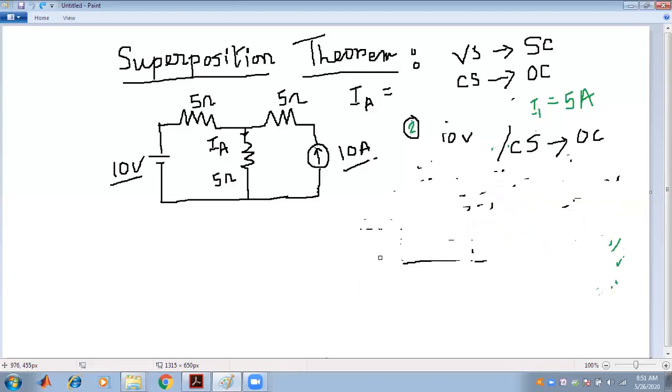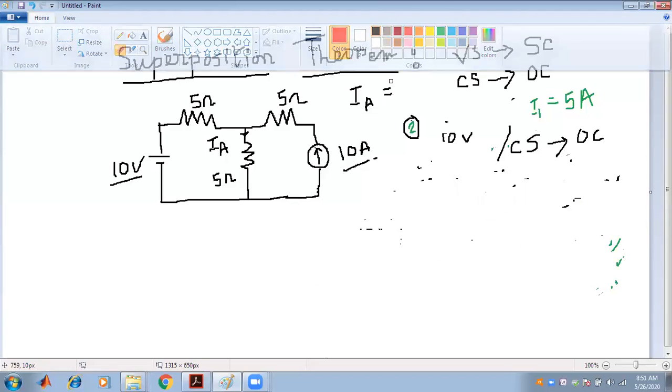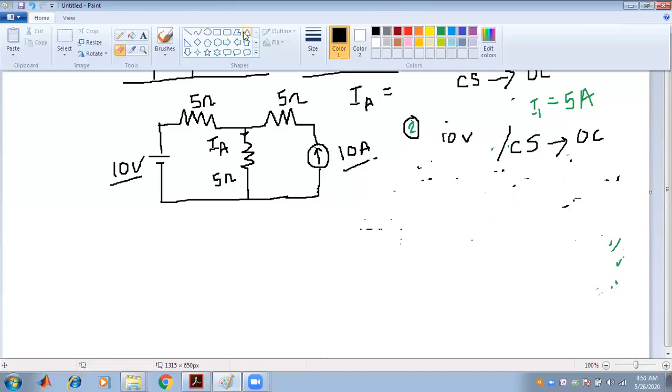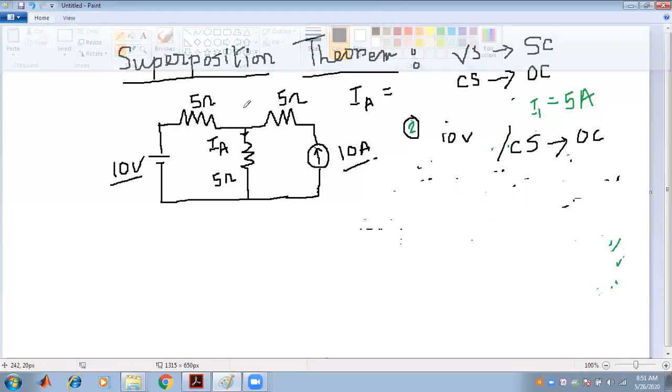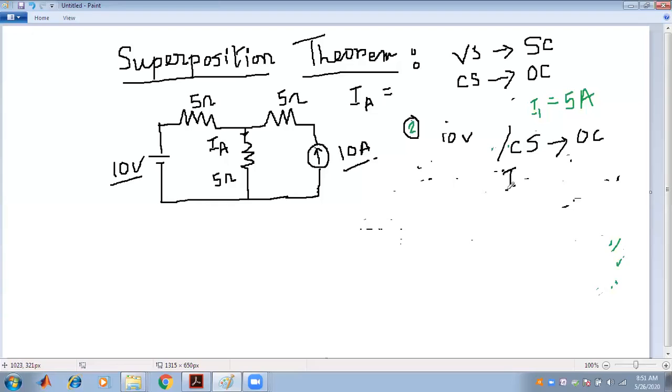And when the 10 ampere current source is operating and the 10 volt voltage source is short circuited, the current is given as 5 ampere. So I1 means when the 10 ampere source is operating and the 10 volt voltage source is short circuited, the current is 5 ampere.